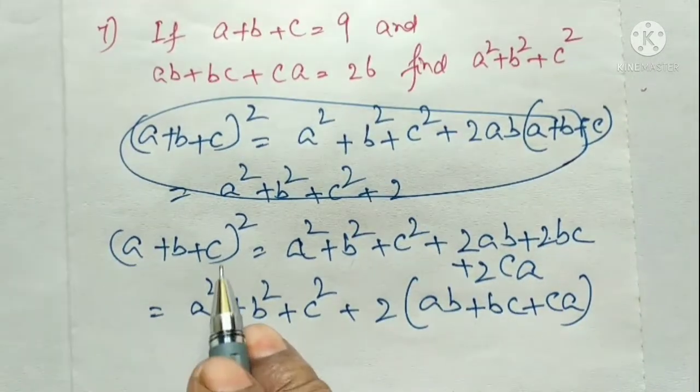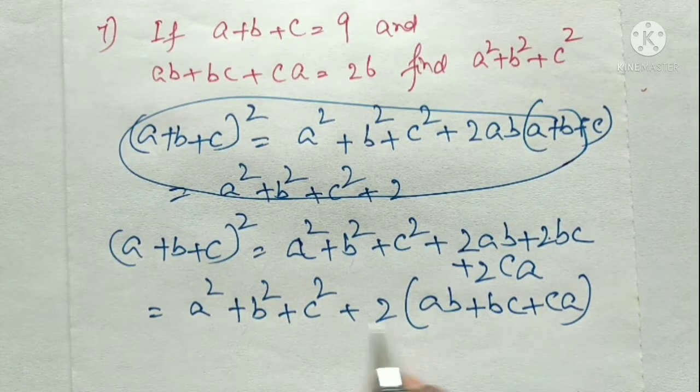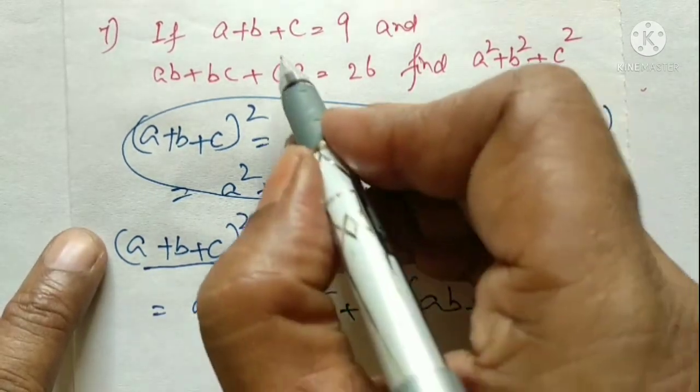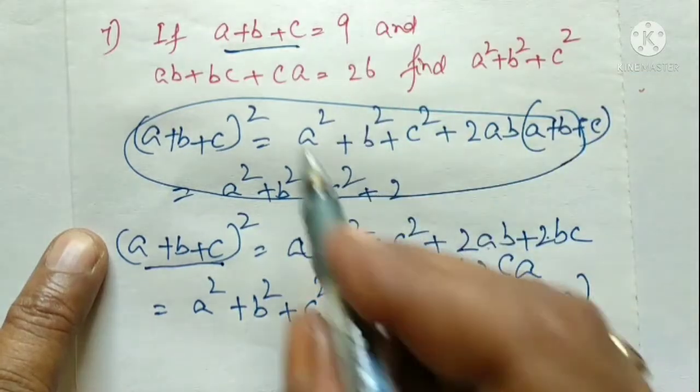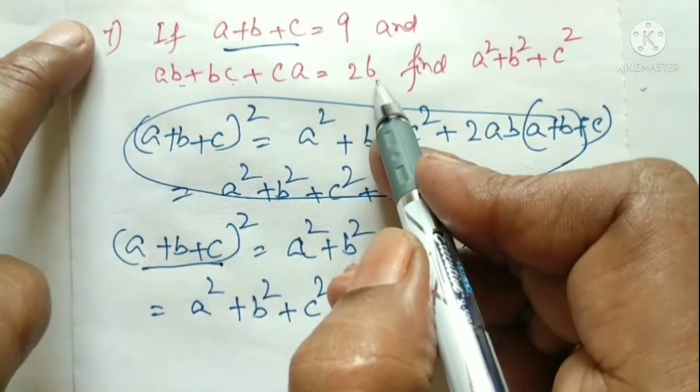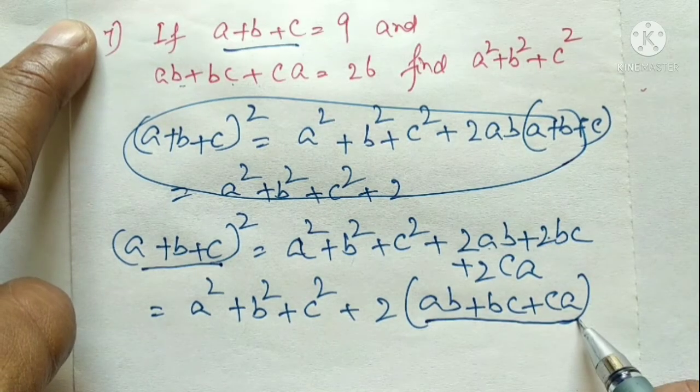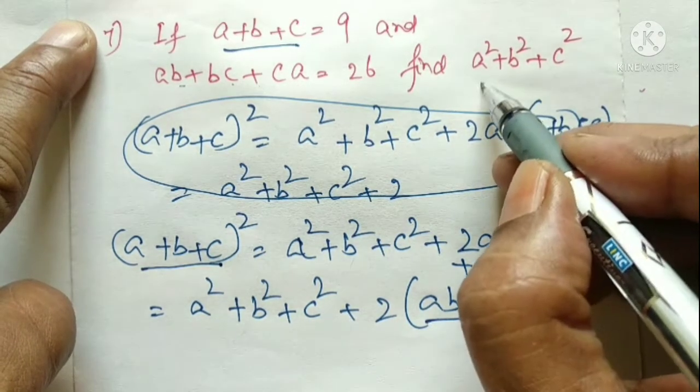So this is the algebraic expression we know, and here what is given? The value of a plus b plus c is given as 9 and ab plus bc plus ca is equal to 26. So we have to find the value.